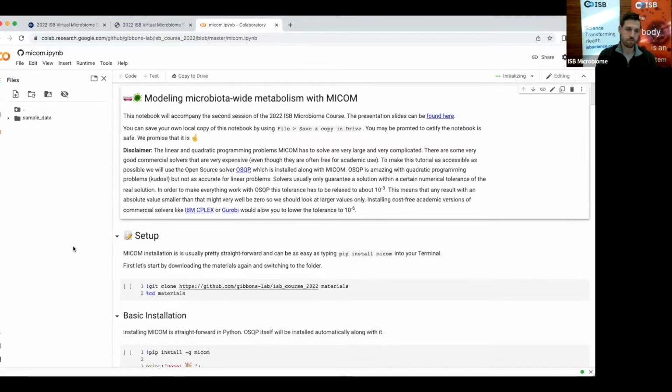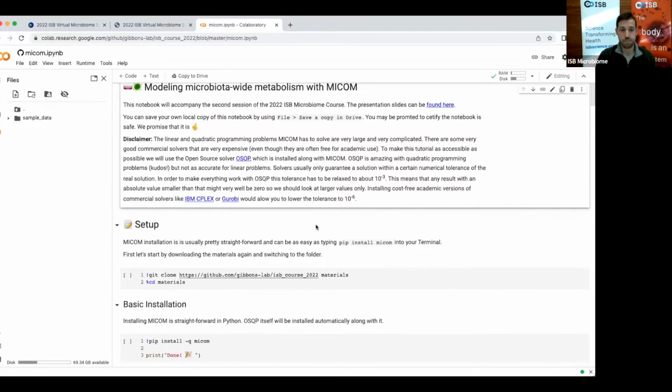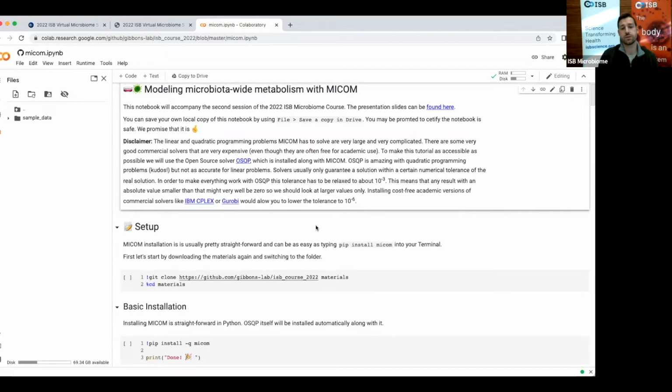Shortly. So before we jump into actually building our models, we'll need to set up the notebook so that we can use it for some of our analyses here. To do that, we'll need to install some packages that we'll be using for our modeling methods. A quick disclaimer before we get into the setup process.